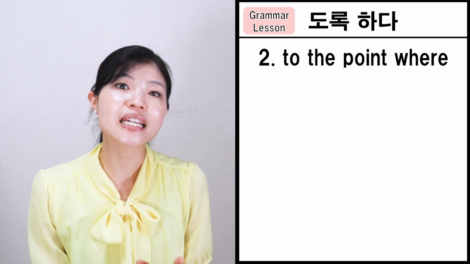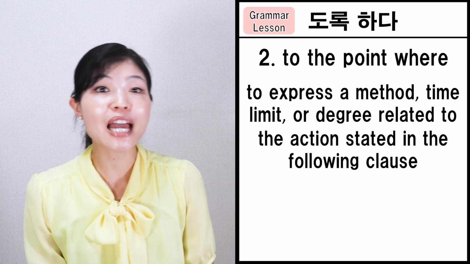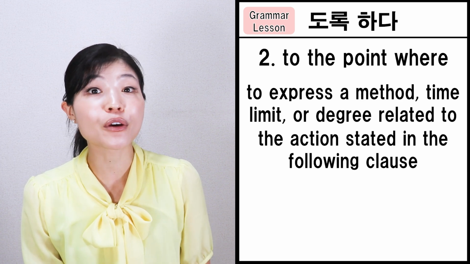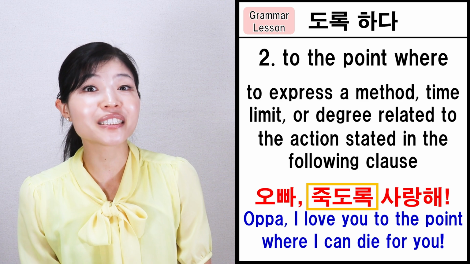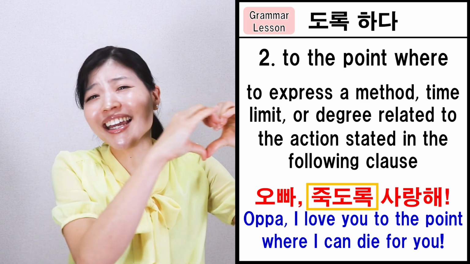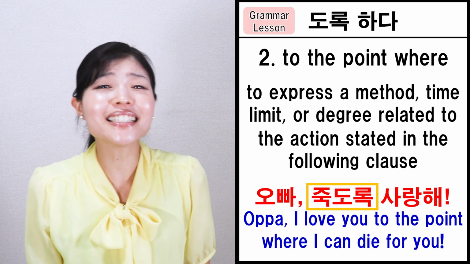The second meaning is "to the point where." You can express a method, time limit, or degree related to the action stated in the following clause. For example, in Korean dramas, an actress would say, 오빠, 죽도록 사랑해. 오빠, I love you to the point where I can die for you.